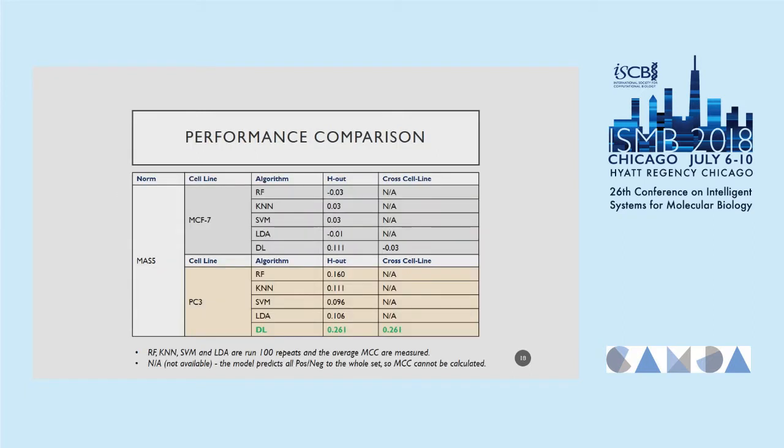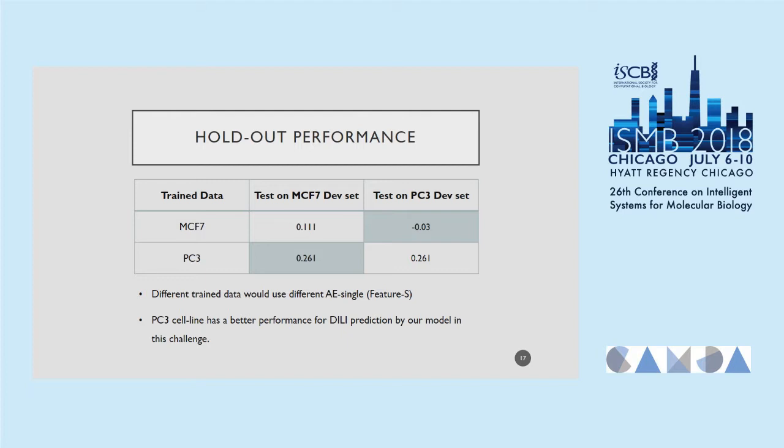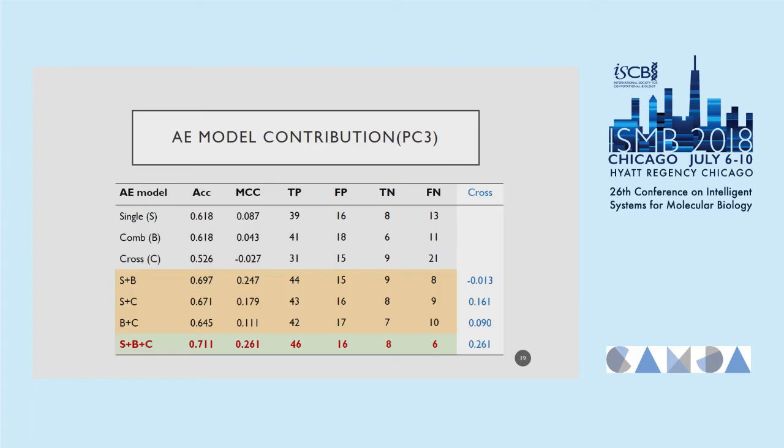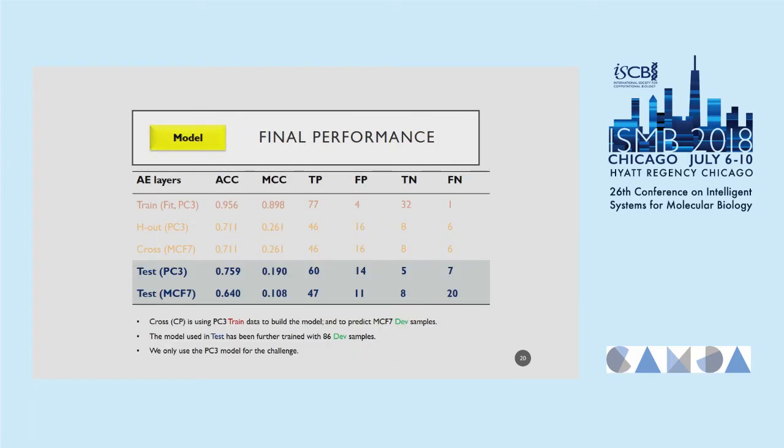But if you go back to the MCF7 performance on the training dataset, you can see it is still similar to that performance, which means we did not lose too much accuracy or performance when we transferred our model from the internal dev set to the external test set.